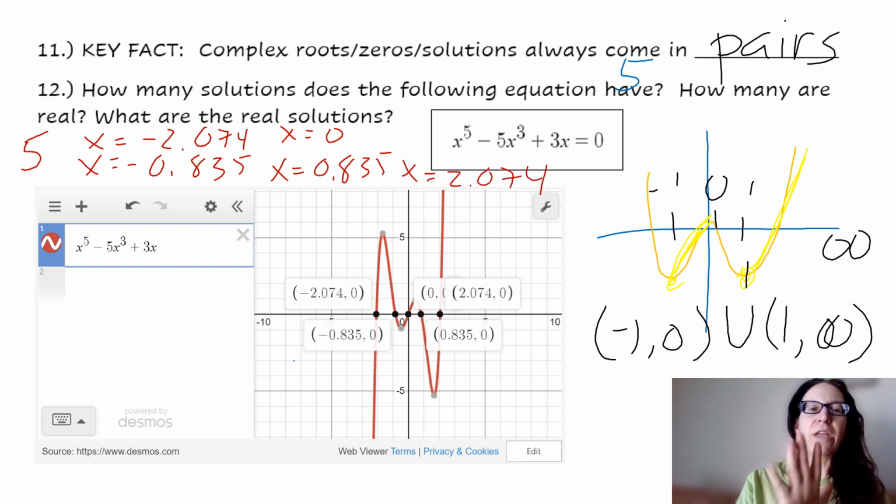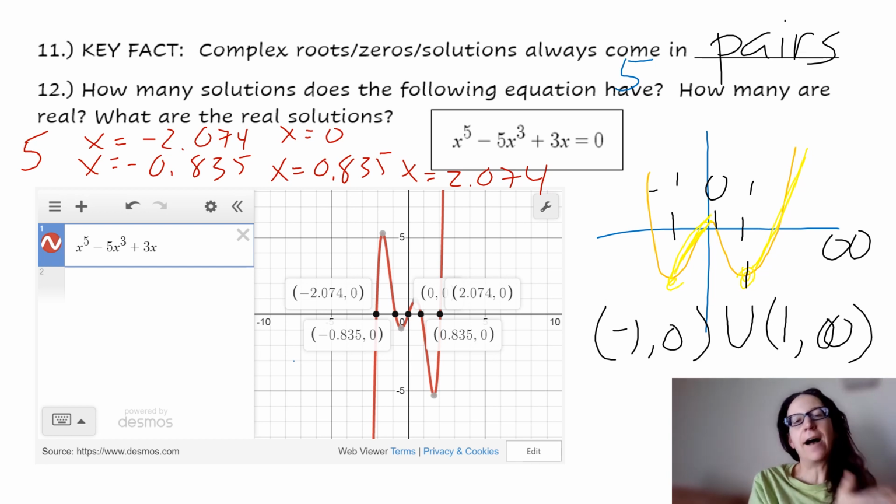Now, I made this up for the review. If you were to see this on a multiple choice test from like the SAT people or whatever, probably those answers would be in fraction or radical form. It's unlikely that you would see something that messy.